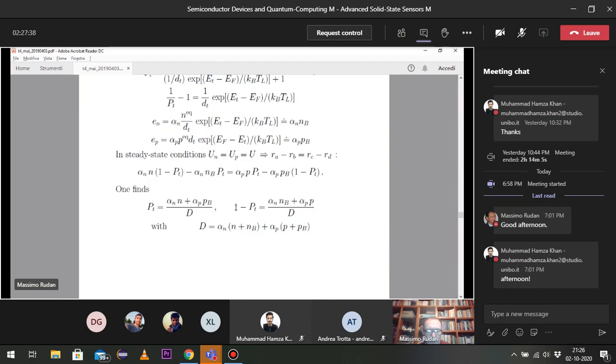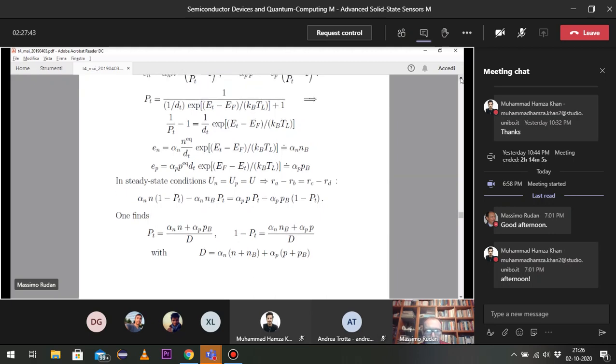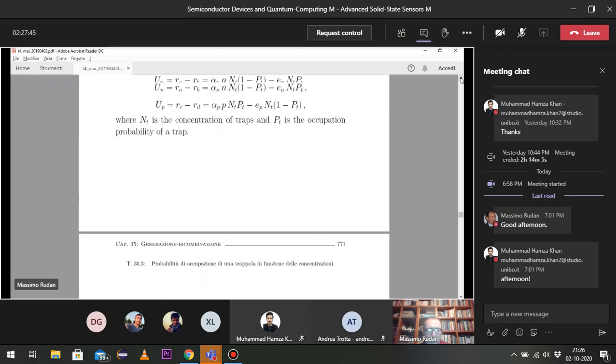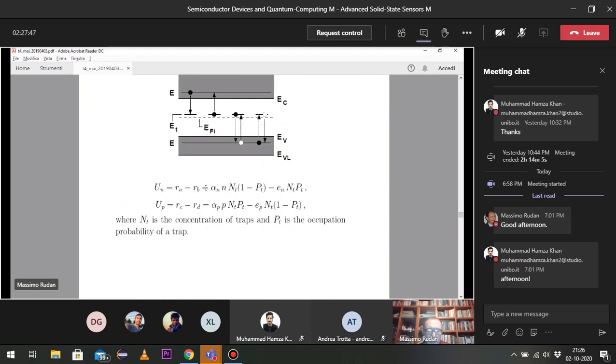Then we take pt and 1 minus pt and replace them back into either the expression of Un or the expression of Up. We obtain, of course, the same expression at the end because Un and Up are equal, okay?